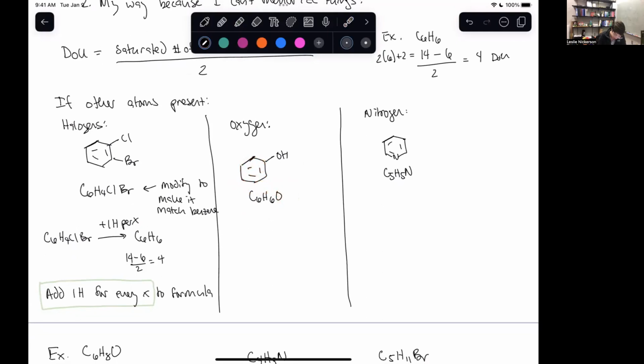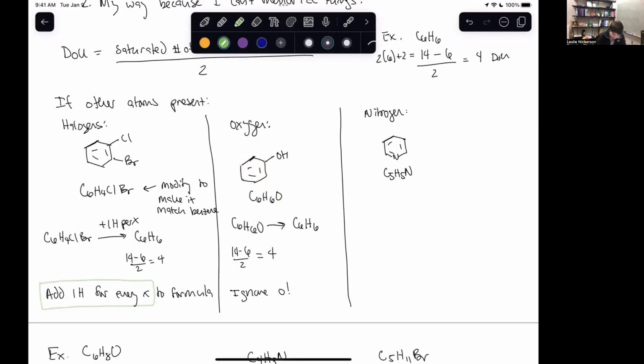So in this case, we're just going to take that C6H6O and think about it as if it's just C6H6. Okay, so then we can again do the 14 minus 6 divided by 2 equals 4. So whenever you have an oxygen in a formula, you can just go ahead and ignore it.